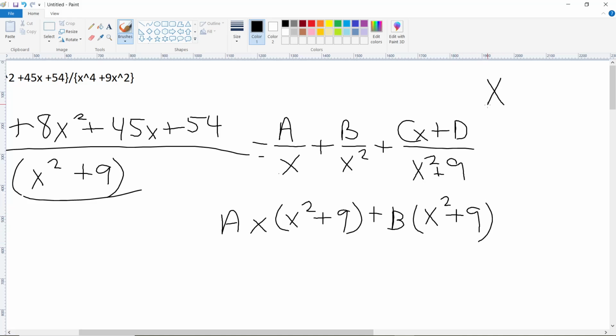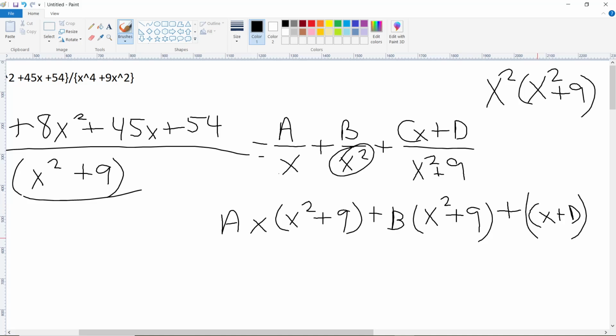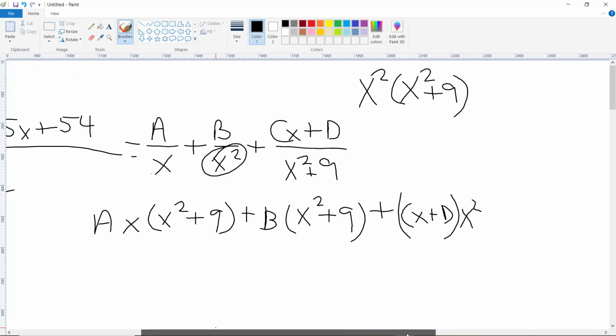Because remember, the common denominator is x squared times x squared plus 9. And for this one, the x squared cancels out. And then the x squared plus 9 cancels out, so this is plus Cx plus D times x squared.